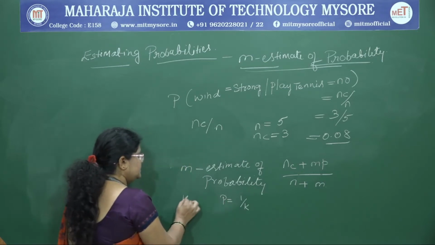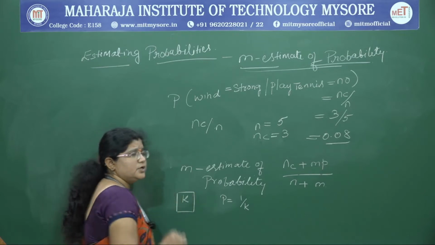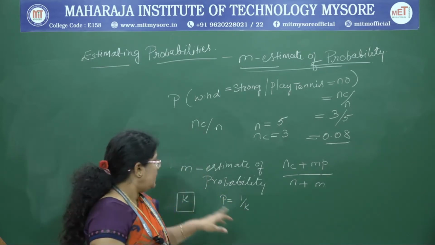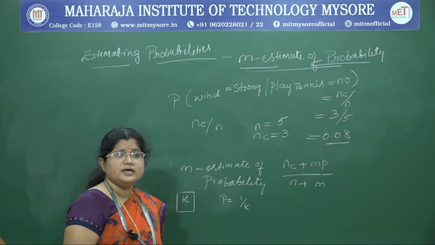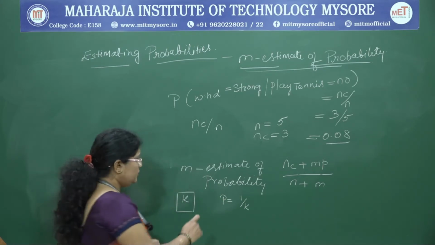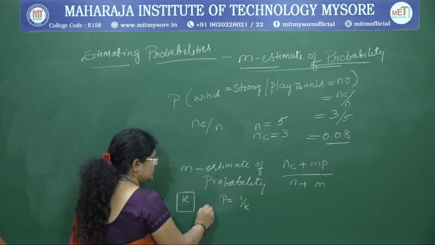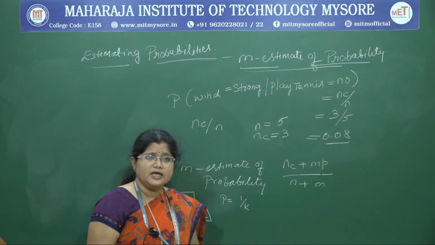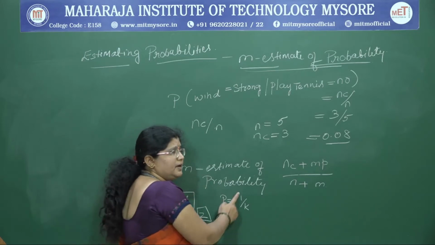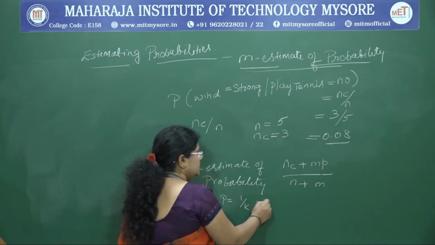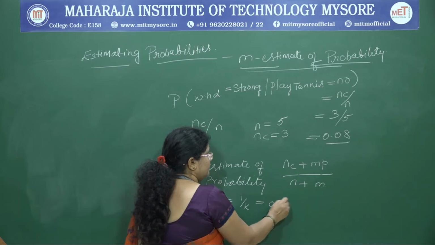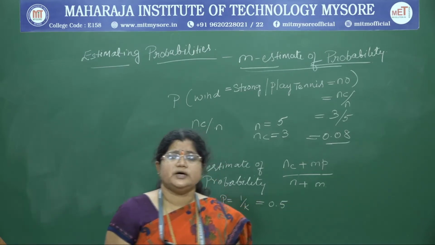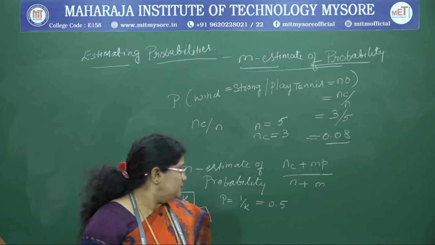Suppose k is the number of attribute values present in an attribute. For example, if there are 2 attribute values, then P is 1 by k, that is equal to 0.5. This is how we choose the P value.